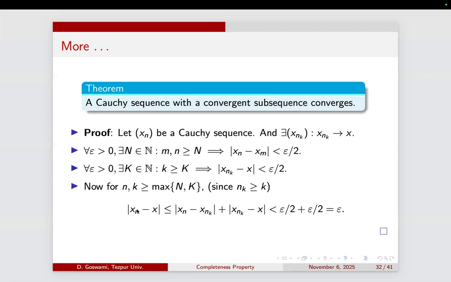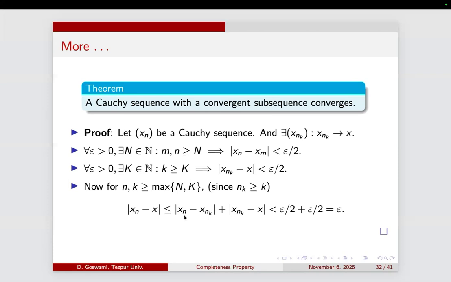If xn is a Cauchy sequence, then I need to find a limit, but I already know it has a convergent subsequence. So I have a limit of that subsequence. And this distance can be made small because this subsequence already converges. So this distance is less. And due to the Cauchy property, I can choose nk sufficiently large so that this would be close enough.